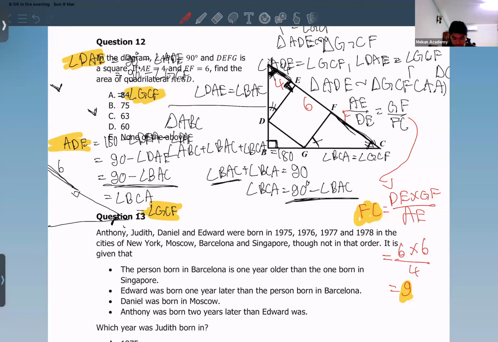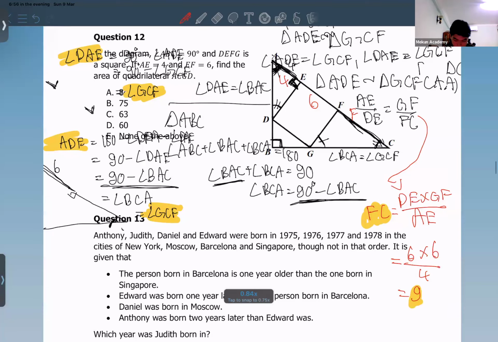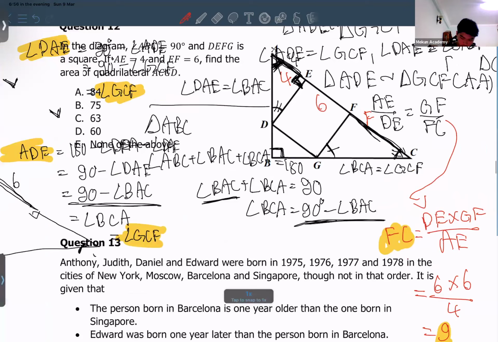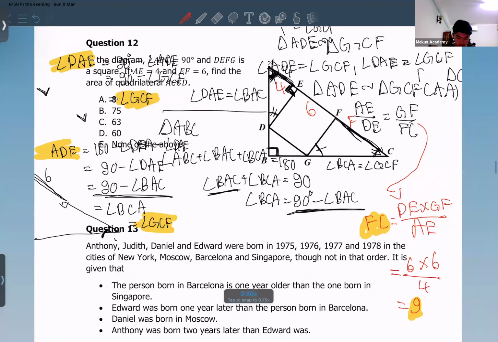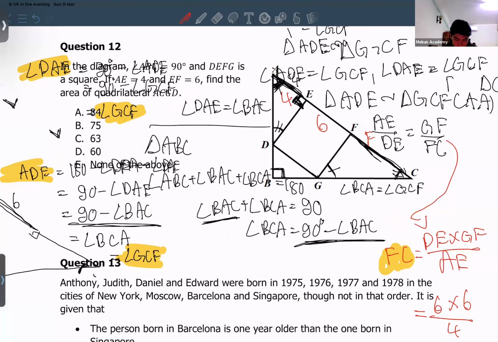From the figure, you can see that in the quadrilateral ACGD, it is a trapezoid because AC is parallel to DG.